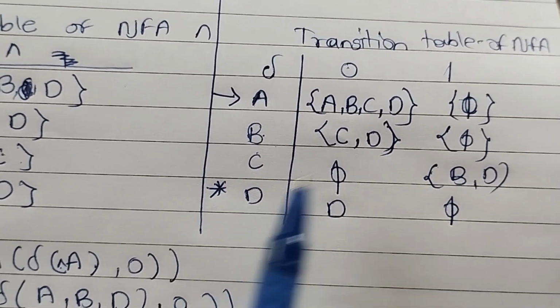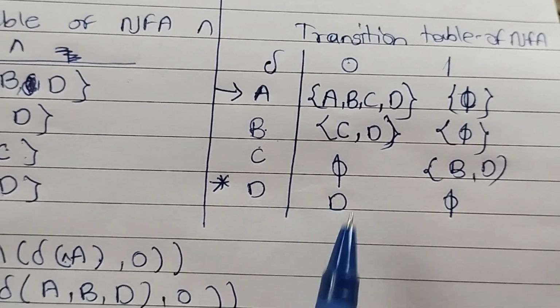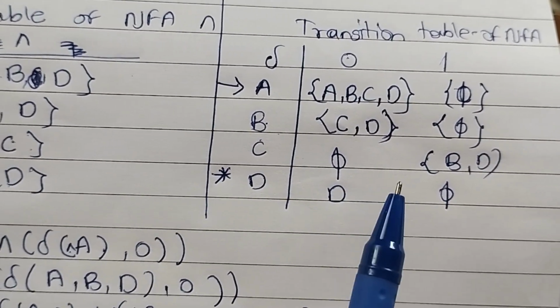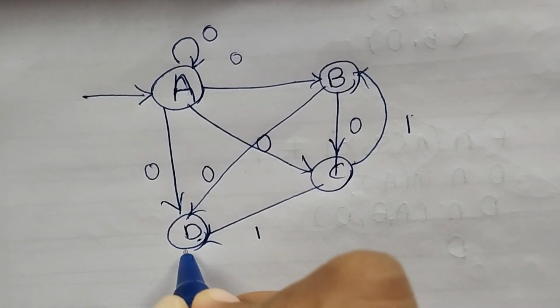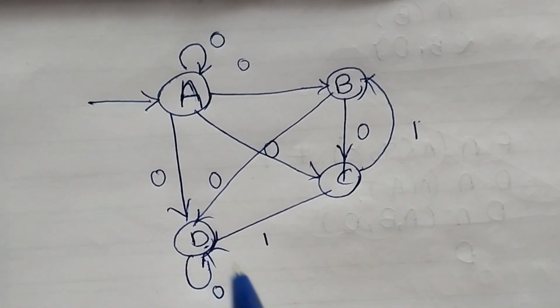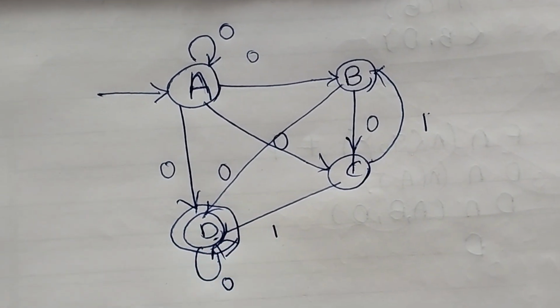D reads 0 to D and D reads 1 to null. So we only draw D itself, which reads 0. And D is our final state, so we draw a double circle here.